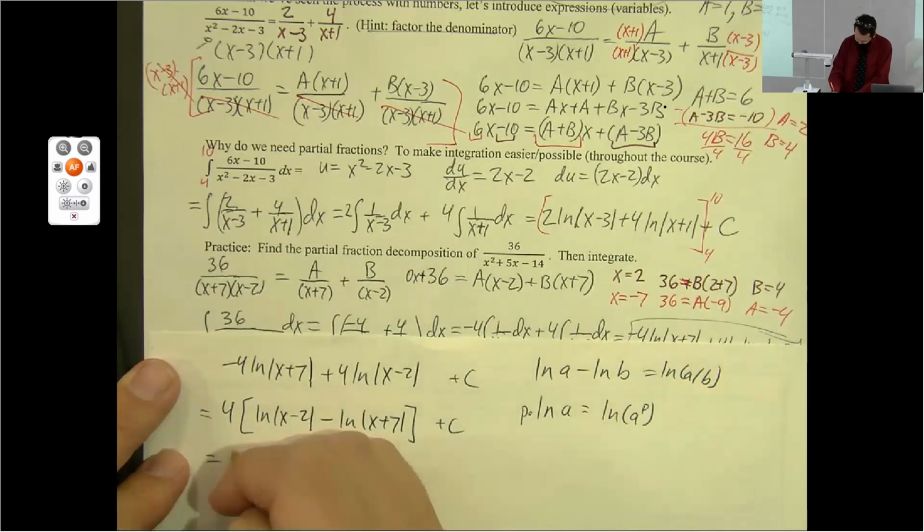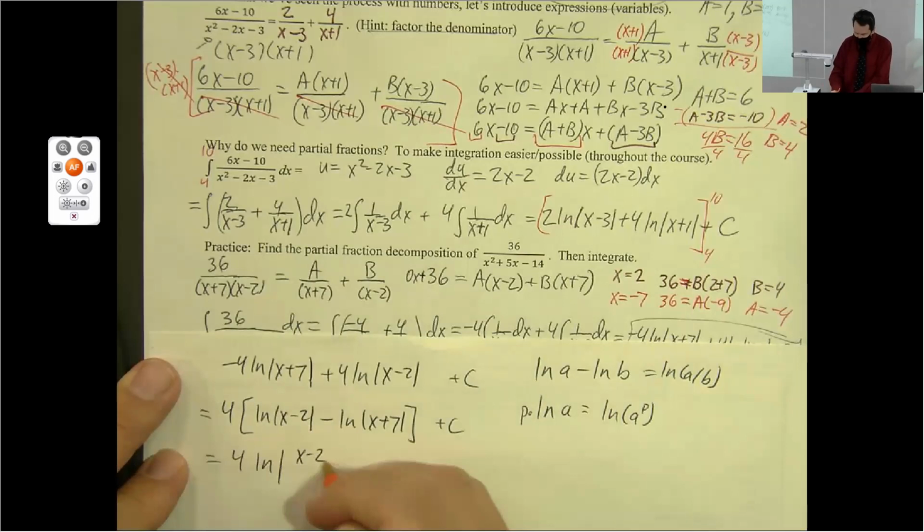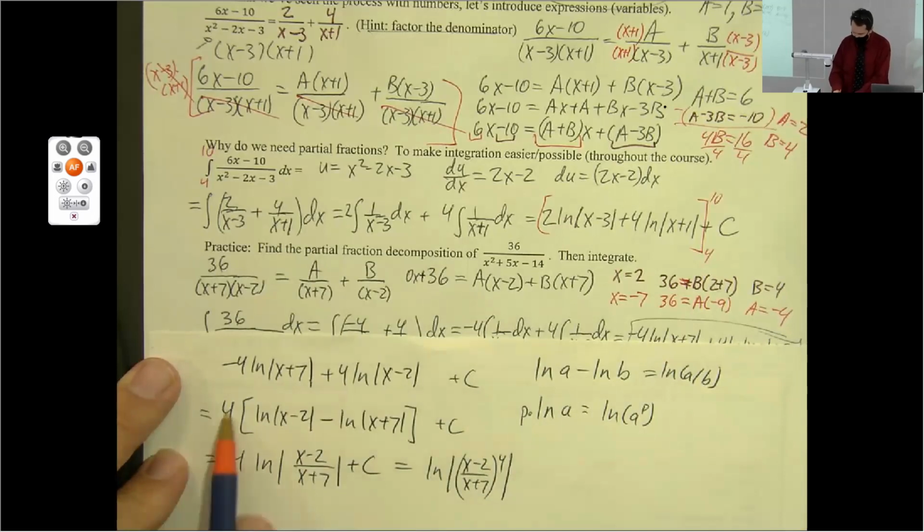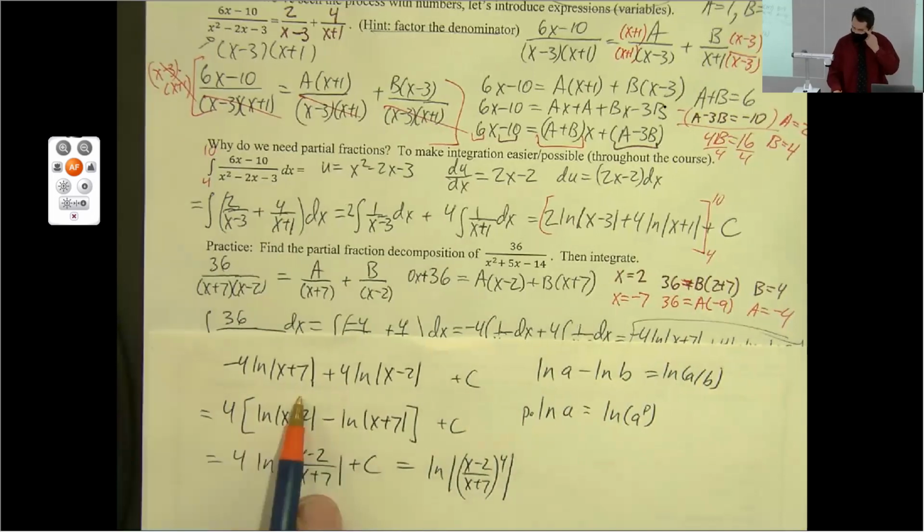So we've got 4 times the natural log of x minus 2 over x plus 7, because this one's a subtract, so our property tells us this guy's going to be in the denominator. Now, if this had been a 2 and a 3, I'd probably just have left it as is. But since we had a 4, that was nifty, and I could put it all here and save one symbol. Is that all right? Okay.